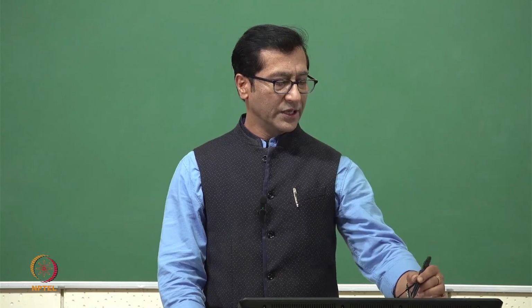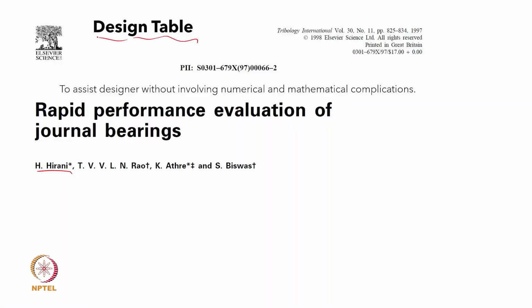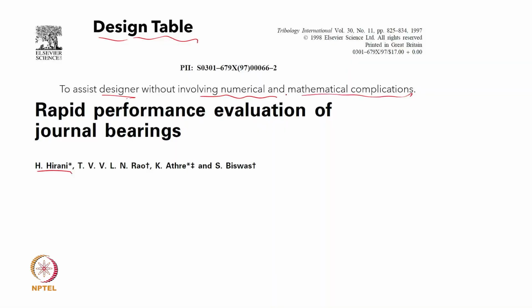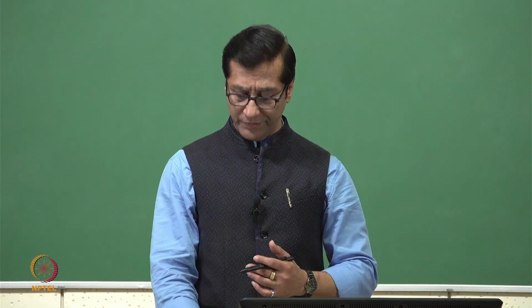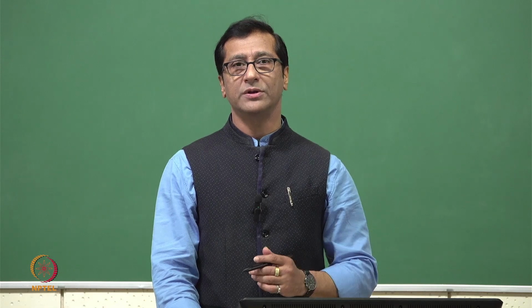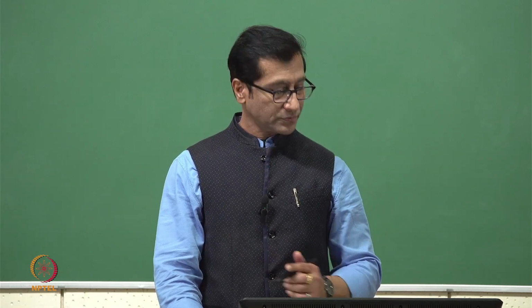That's why we have given the main theme as a design table. We gave it to assist designers who are not very interested in the numerical and mathematical complications, and who want to see the algebraic formula and then do some sort of coding. It can be a simple hand calculator also, or a codable computer calculator.